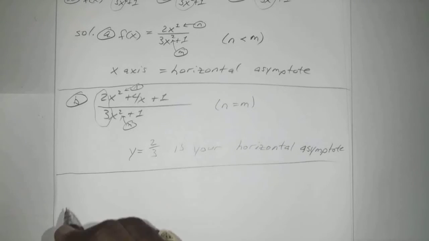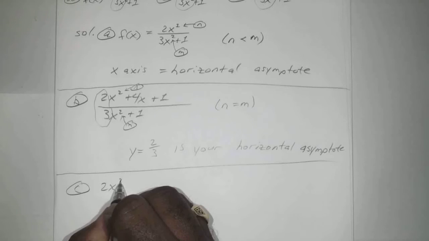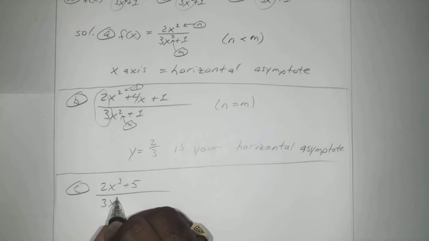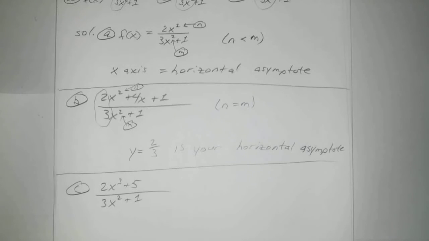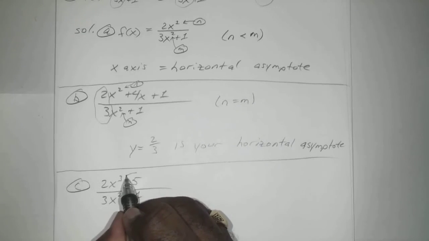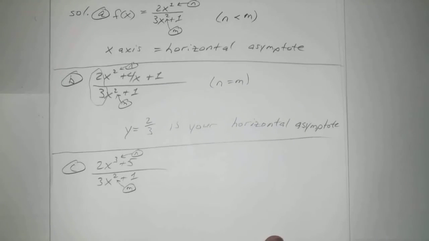Okay, now we do the same thing for C. You have 2x to the third plus 5 over 3x squared plus 1. Okay, so we can see there that that's our n, and this exponent is our m. Okay, so we can see that n is greater than m.